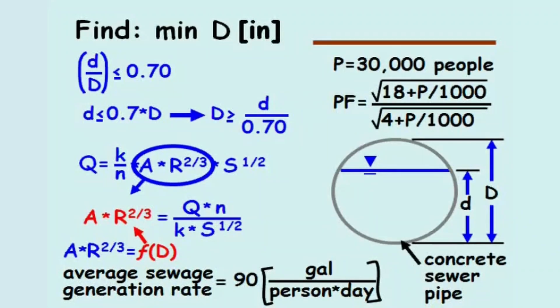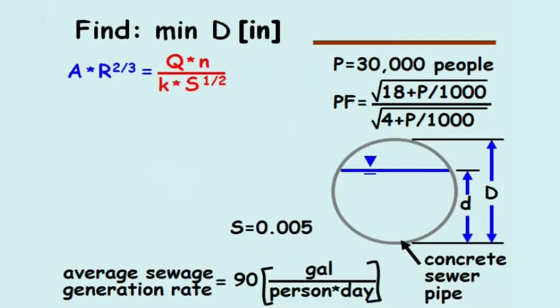Let's begin by solving for the right-hand side of this equation, which equals the flow rate times the roughness coefficient divided by K times the square root of the slope. We have been given the slope, which is 0.005, or 0.5%.